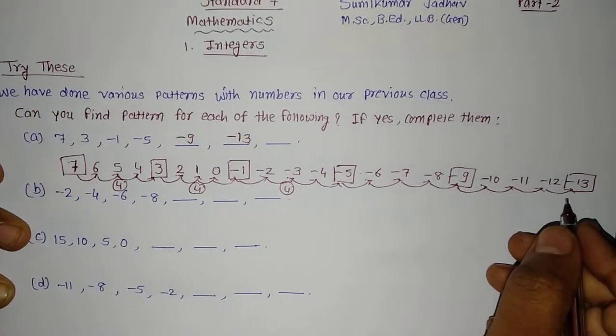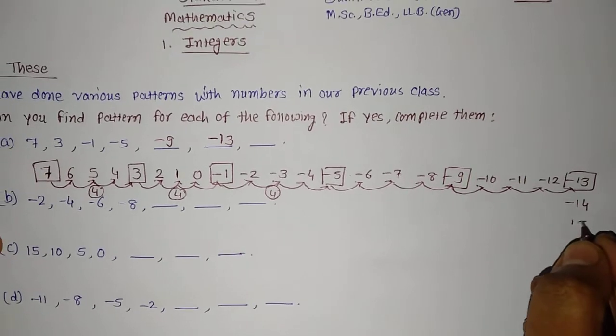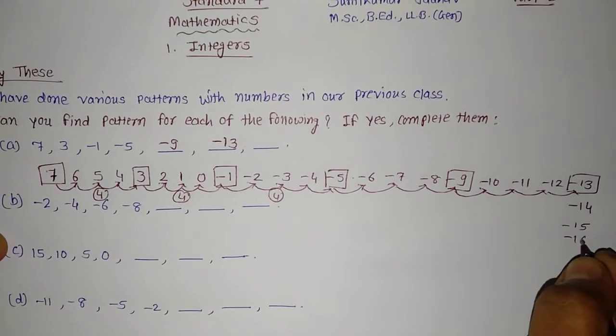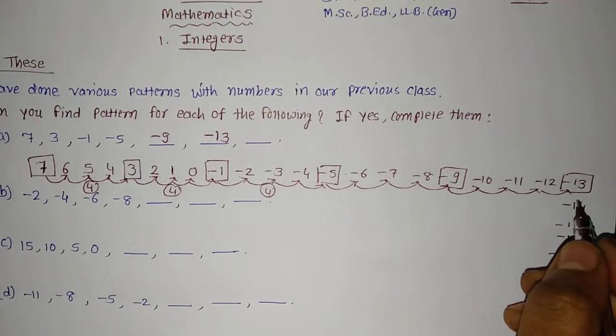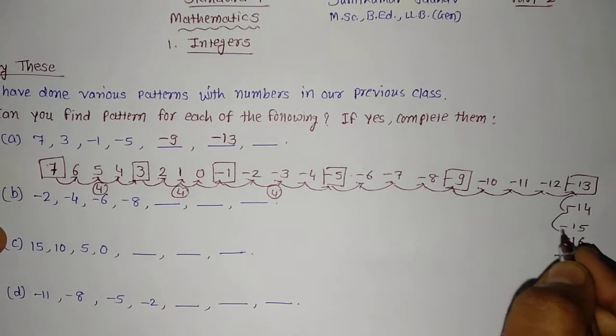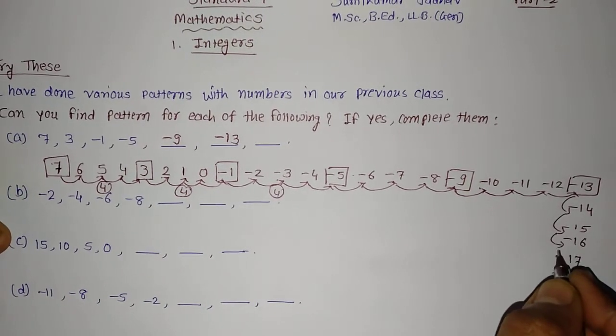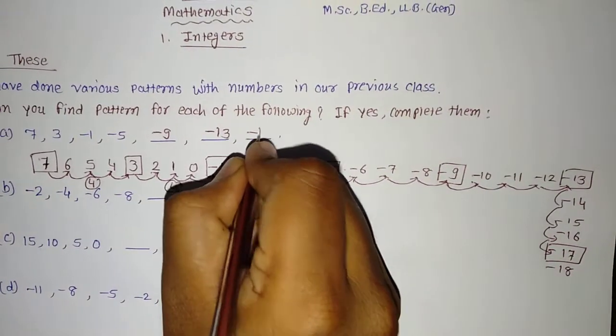Even further, I'll write minus 14, minus 15, minus 16, minus 17, minus 18. I'll go ahead, that is again 4 numbers, 1, 2, 3 and 4. Our next number will be minus 17. So this is minus 17.